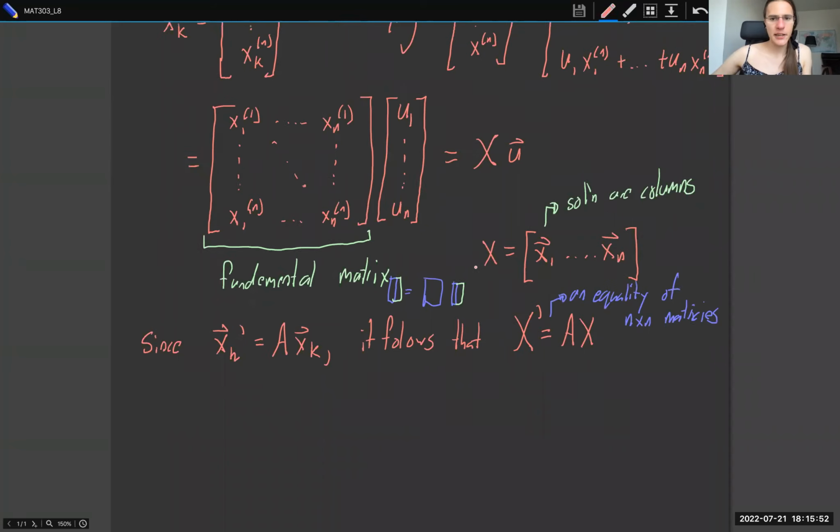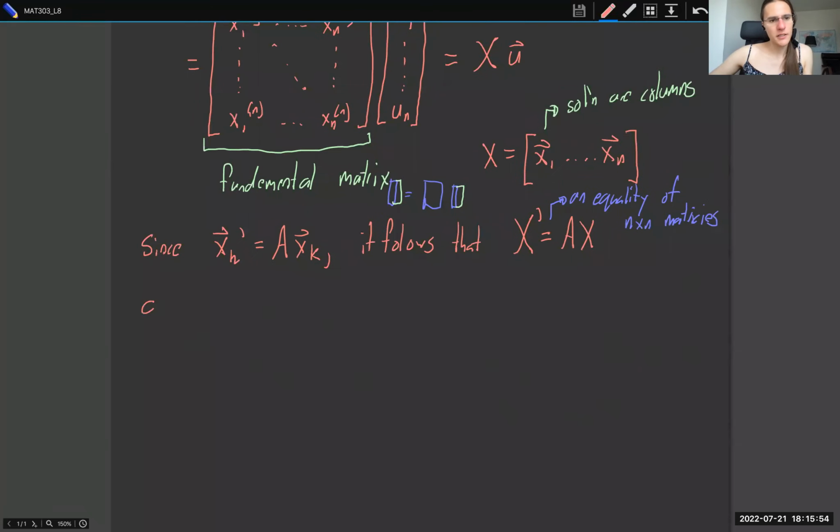So let's look at our ansatz again. Our ansatz is that x is equal to capital X evaluated on the coefficient vector U. And then x prime becomes, well, we're going to have to do chain rule because U is in general a function of t as well.